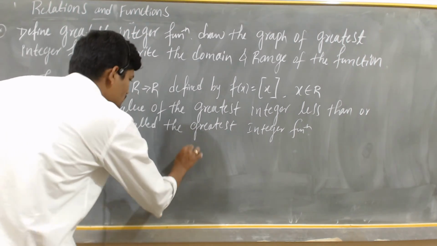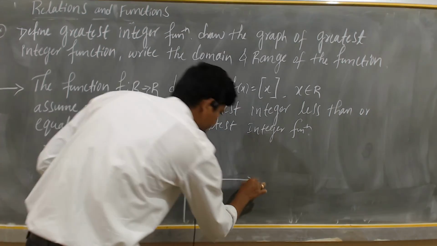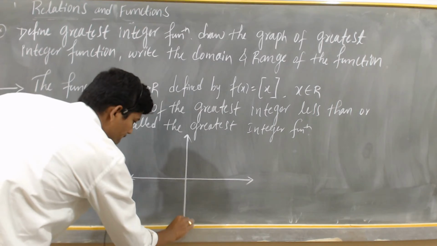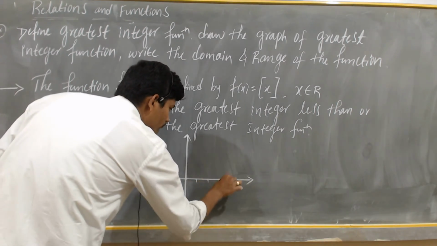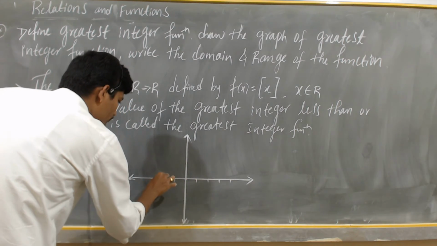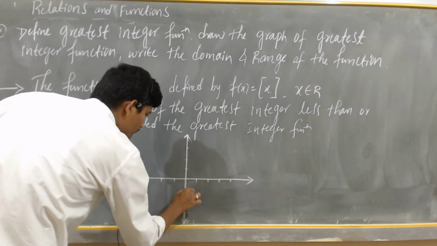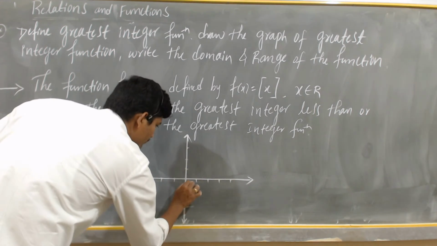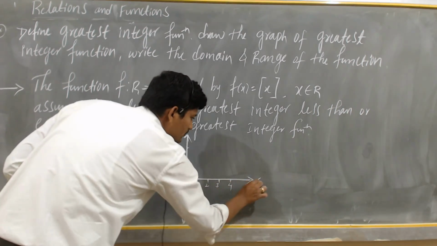Now I will write the graph: 0, 1, 2, 3, 4. This is the x-axis.